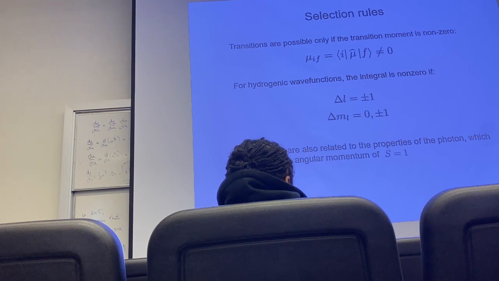Okay? So the overall angular momentum is preserved. Does that make sense? This is called conservation of angular momentum. So this delta L plus or minus 1 is there because of conservation of angular momentum during the transition, during the interaction between light and matter.